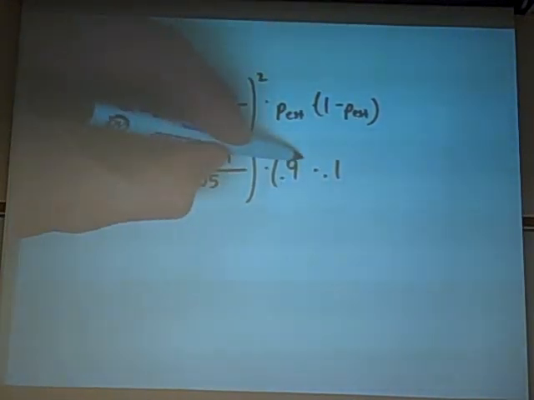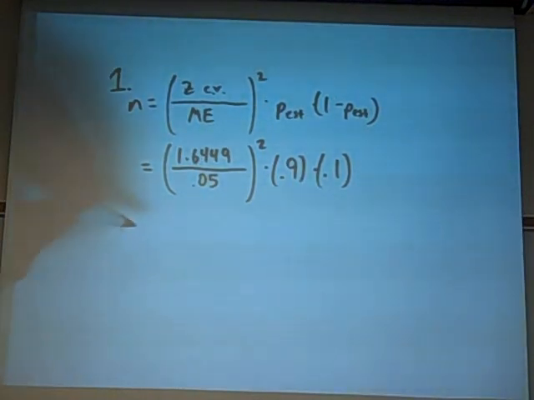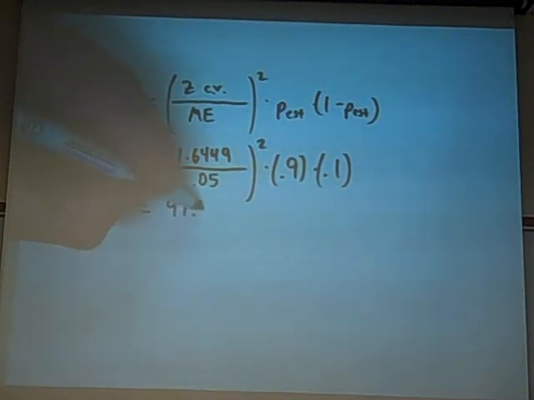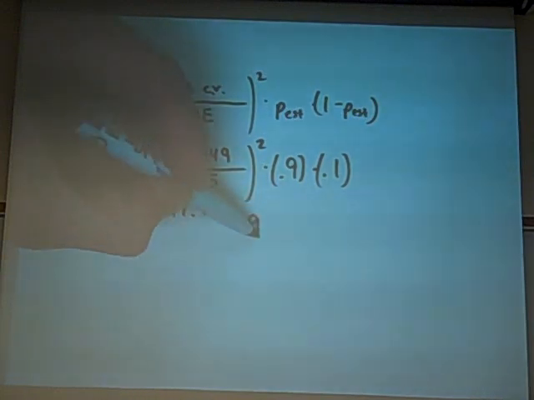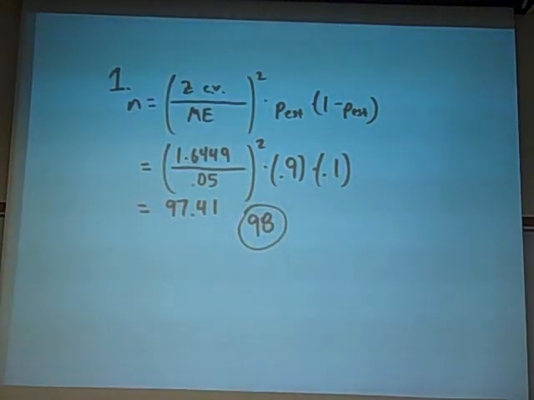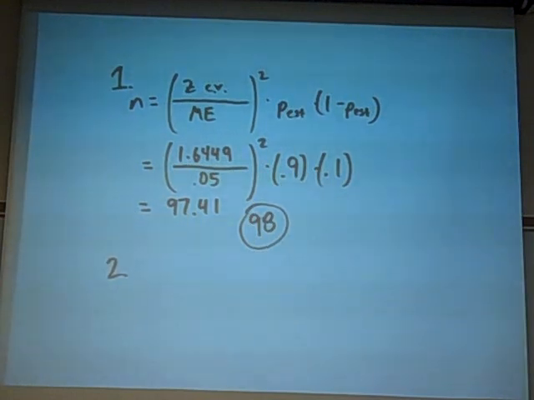So it's 0.9 times 0.1. So we plug that in our calculator. So 97.41. What would I do with that number? Round up to 98. So you need 98 people in that case.